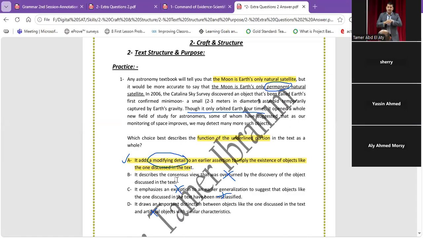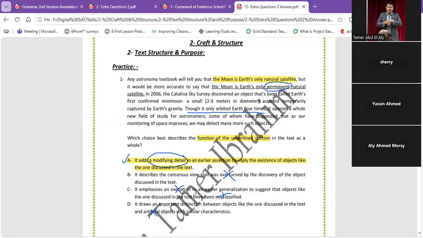It described the consensus view that was overturned by the discovery of the object discussed in the text. Nothing was overturned. The moon is the only natural satellite, permanent. So nothing is overturned; nothing is shown to be an error. It emphasized an exception to an earlier generalization. This is not a generalization; this is something specific.